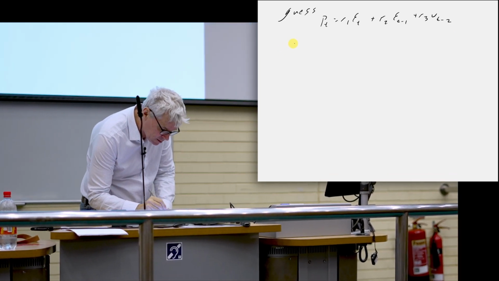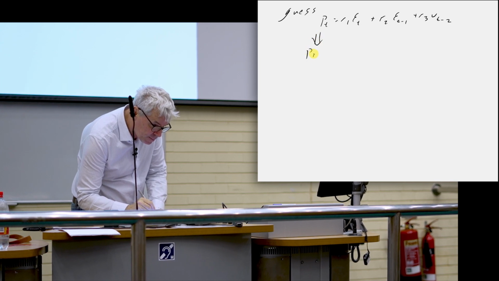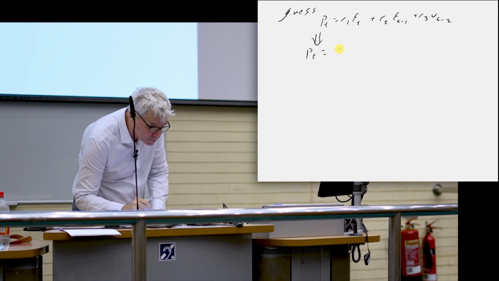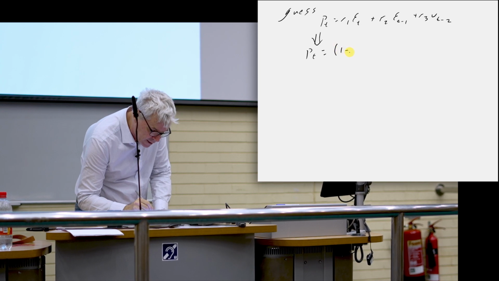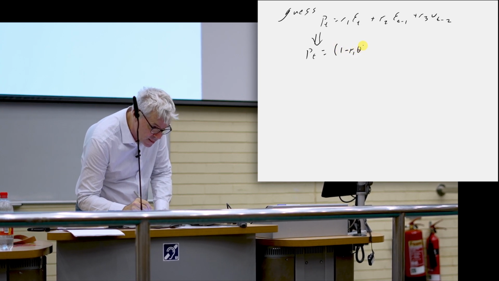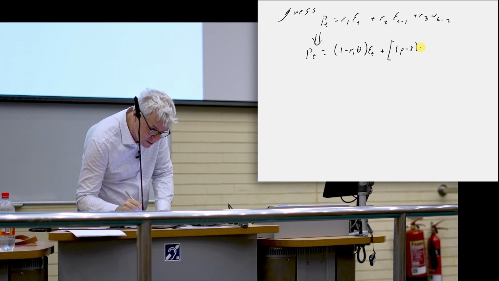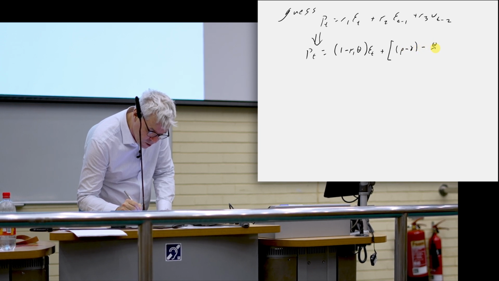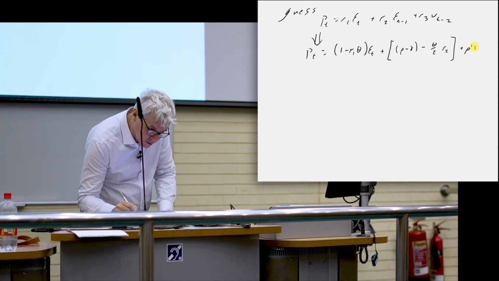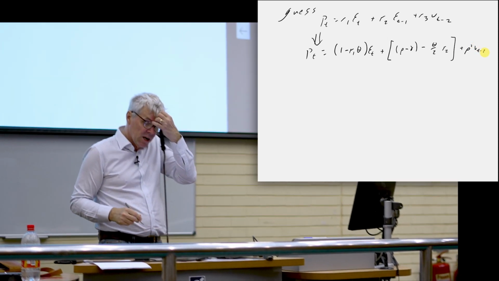And the true process looked like: P_t equals (1 minus R1) theta E_t plus (rho minus gamma minus theta over 2) R2 plus rho squared E_t minus 2. Right. So we made that guess.